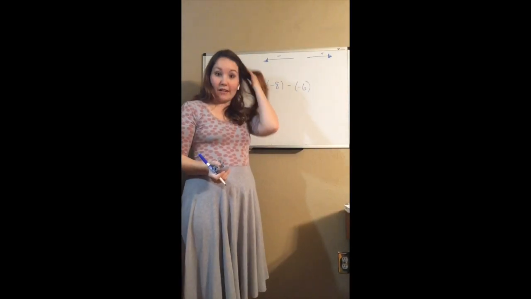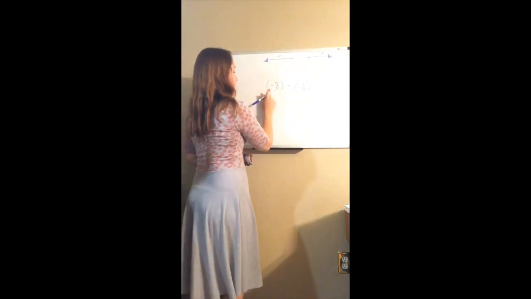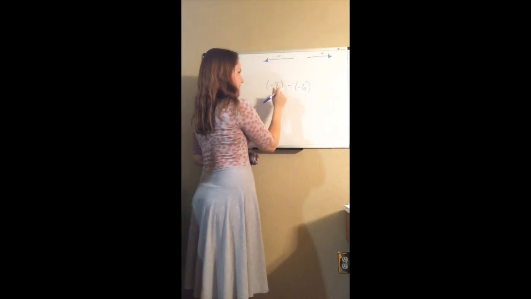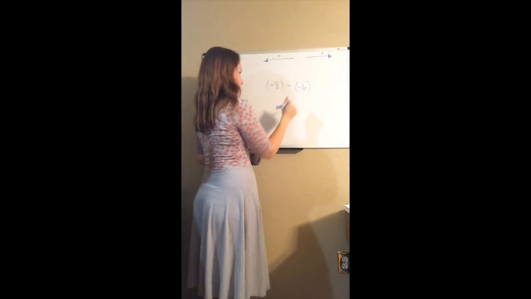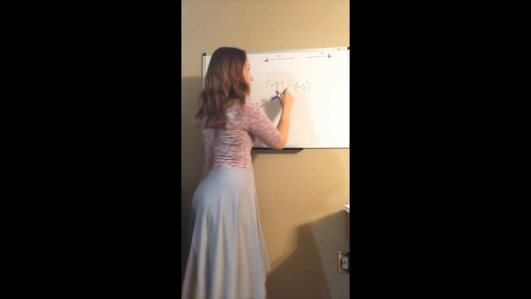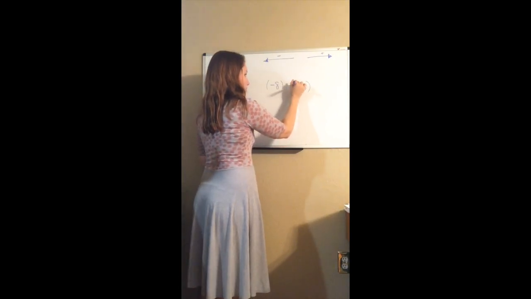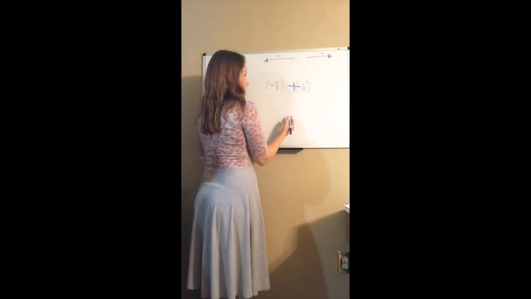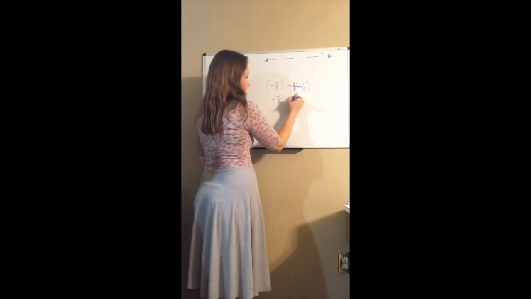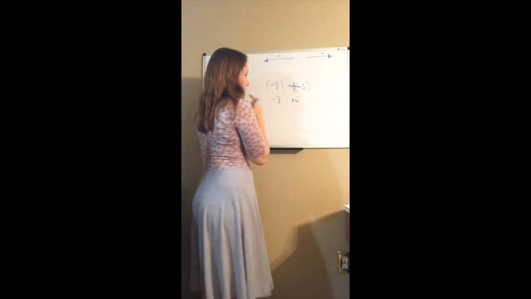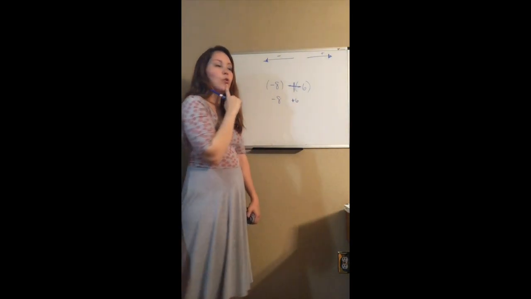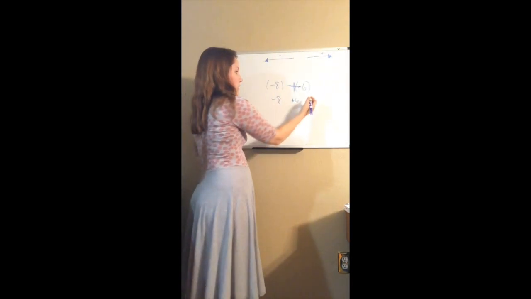Had some time to do that on your own. We have negative 8 minus negative 6. Well, again, we don't want a negative negative, so we're going to add a line to change the sign. So now we have negative 8, positive 6. All right. 8 and 6, which one's the bigger number?